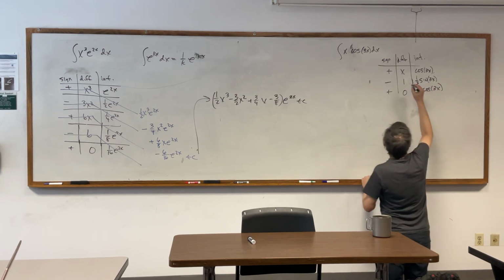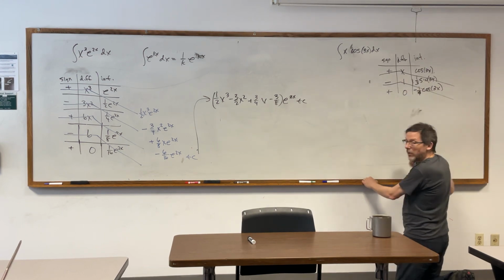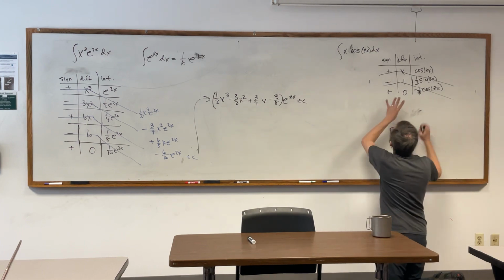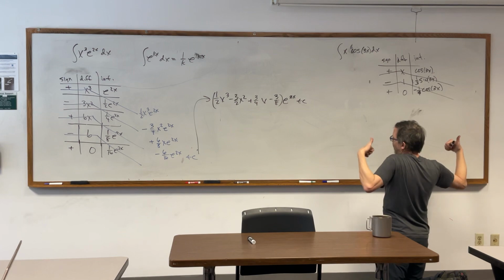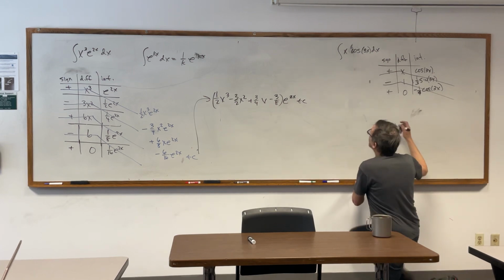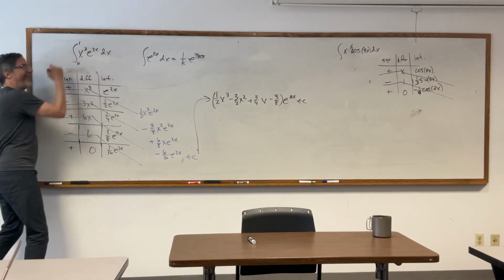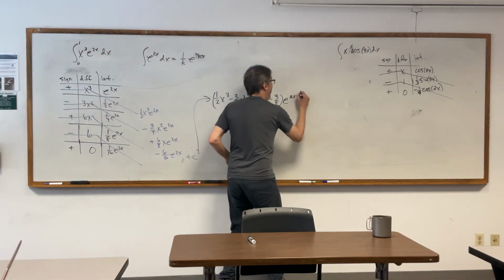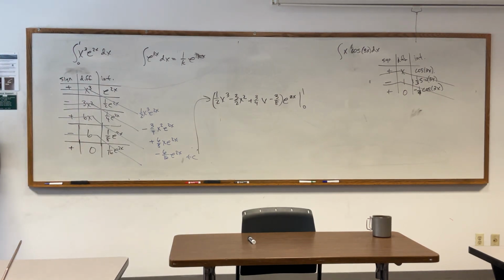You can almost always use this and get your answer out. If this helps your brain, if this helps organize the information better, rock it. And if there had been, God help us, limits on this thing, I would just do this all and then slap them on here, and then just do it there. Okay.